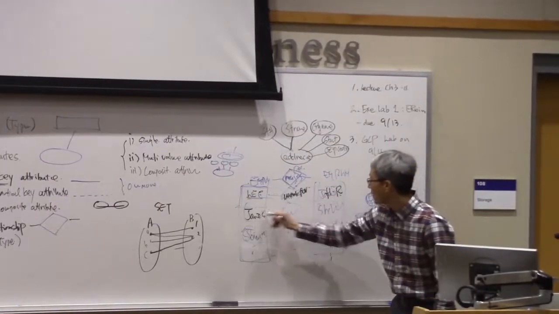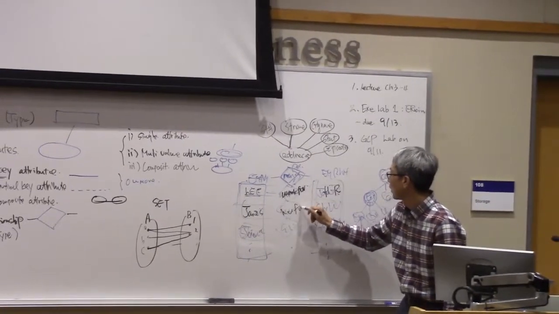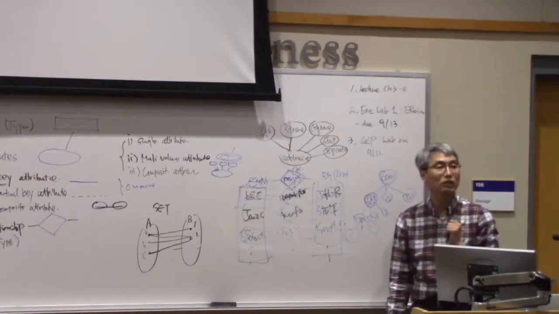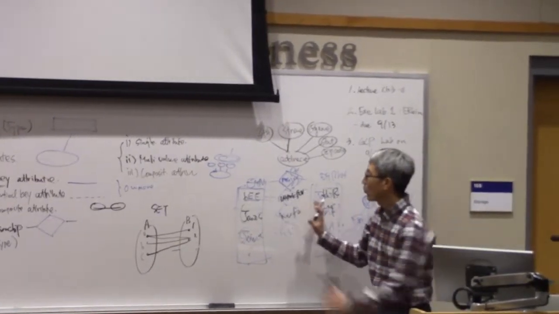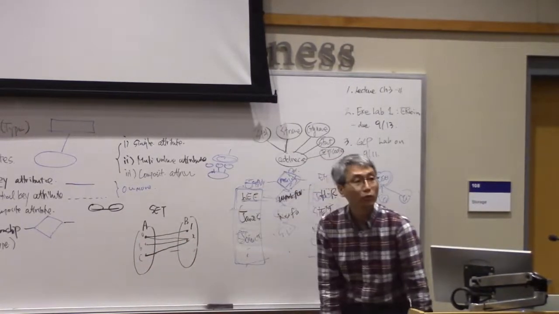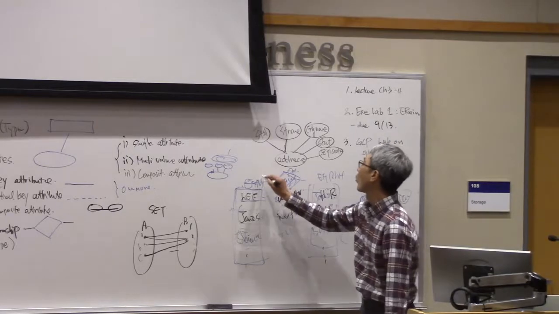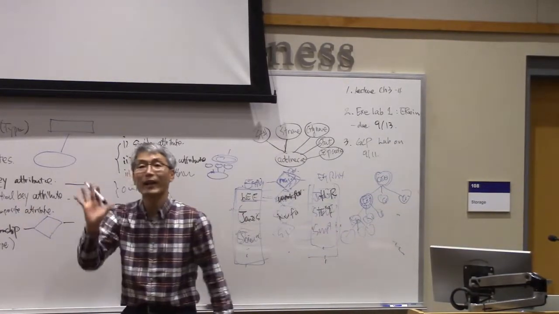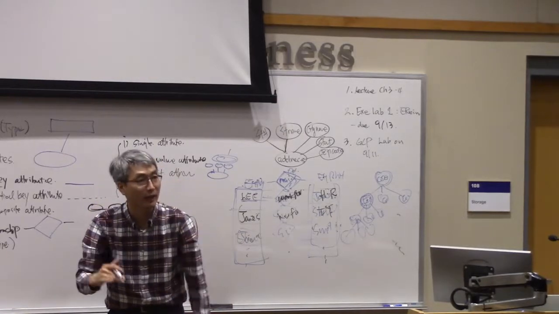James works for the IT department only, because the description says so. If we map this one to this, it's a one-to-one mapping. It's a one-to-one relationship. So relationships have different types.